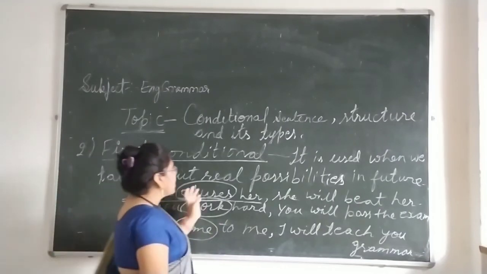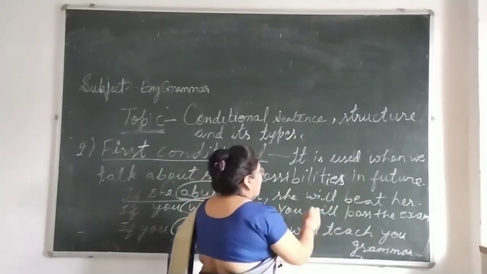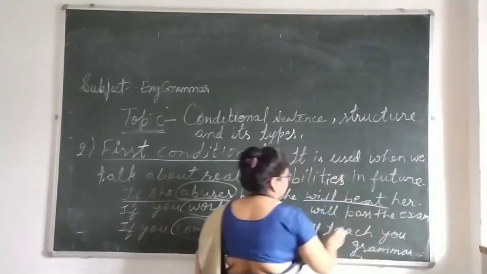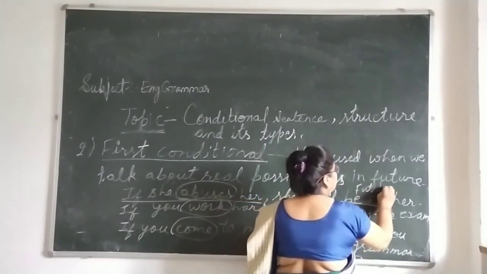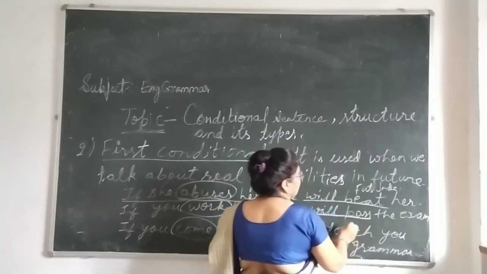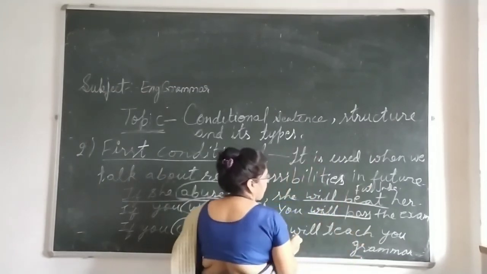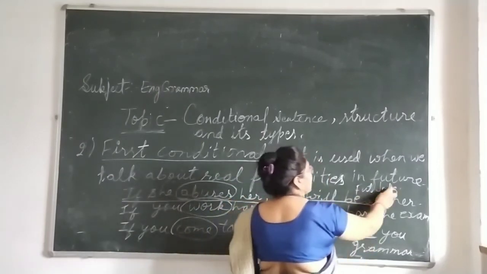And what is happening in the second part of every statement? Will beat. Which tense? Future indefinite. Clear? Here also, will pass. Which tense? Same, future indefinite. Here, will teach, again future indefinite.